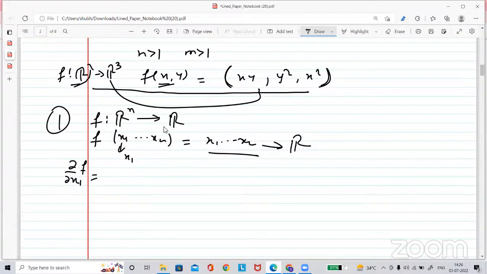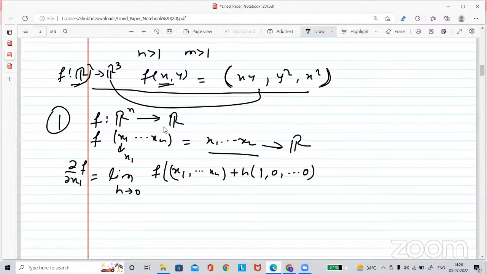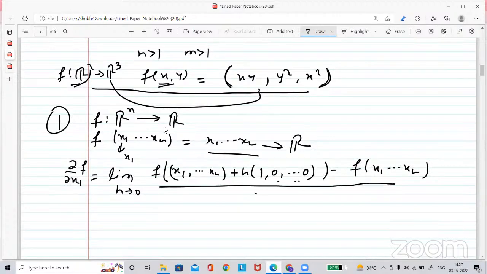The limit definition is: limit as h goes to 0 of f of x1 to xn plus h times (1, 0, ..., 0), where the zeros are filled in to make n entries including the 1, minus the value at that point, upon h. So this is the partial derivative with respect to x1.